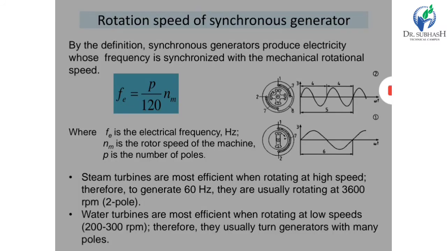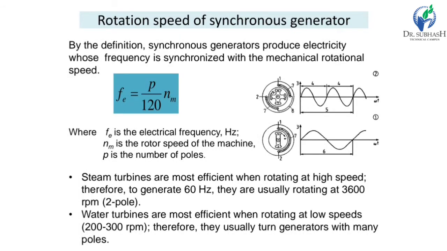A synchronous machine is an AC machine in which the rotor moves at a speed which has a constant relationship to the frequency of the generated voltage in the armature winding and the number of poles in the machine. The standard frequency in India is 50 Hz.